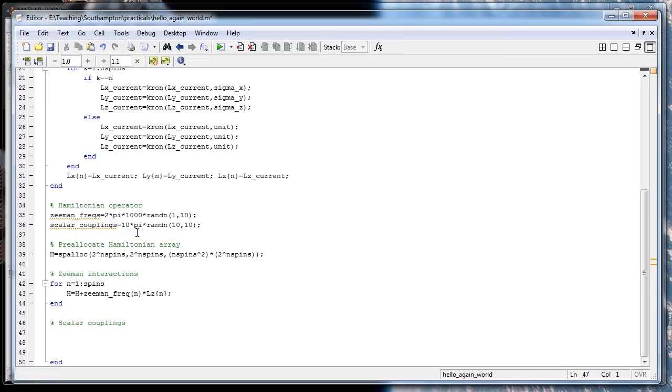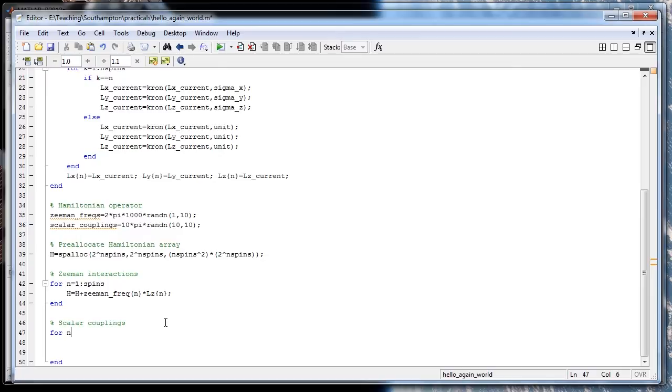So we better zero the diagonal of this matrix, or put an if statement in here to avoid having spins coupled to themselves, because what would simply happen is we'll get the unit operator if we take Lx squared plus Ly squared plus Lz squared for a single spin, and we don't really want to uniformly shift the energy of everything at once in the system.